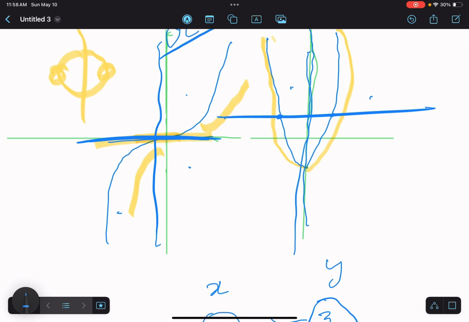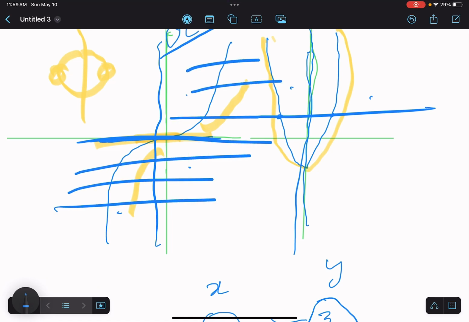So this is not a one-to-one function, because if I draw the horizontal line, it cuts the graph at 2 points. But in this case, however I draw the horizontal line, the function is cut at only 1 point. That means this function on the left side is a one-to-one function, but this function is not a one-to-one function.